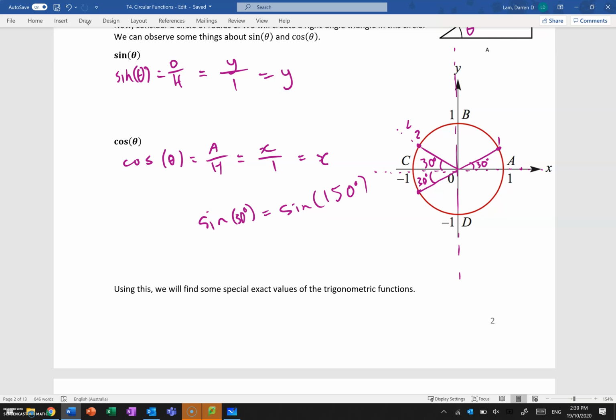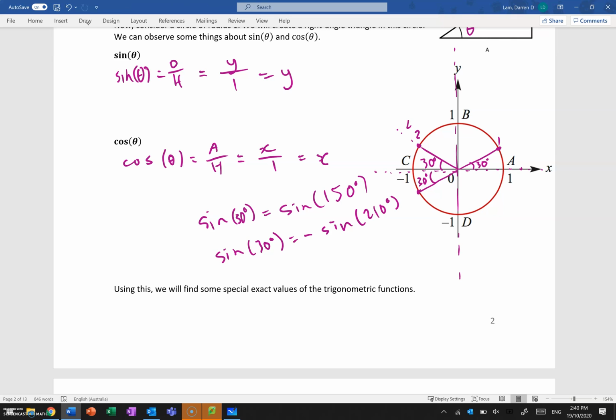So it's just the negative version of the same value. So sine 30 degrees equals the negative of sine. Now, how many degrees is it from there to there? 210, good. Of sine 210. So the negative version gives me the same values.